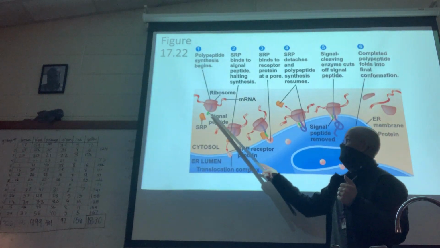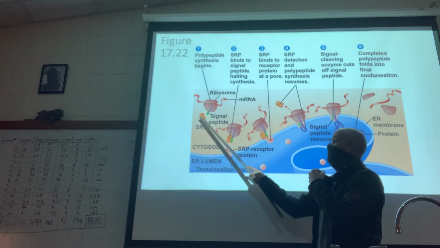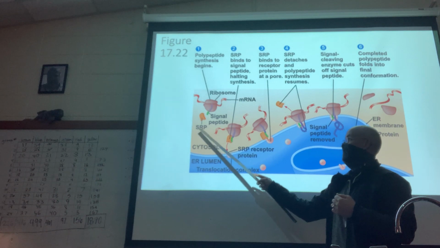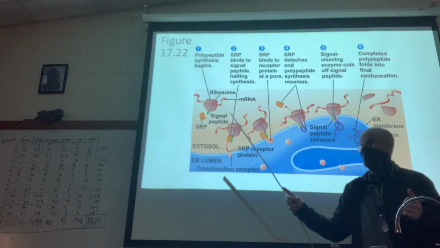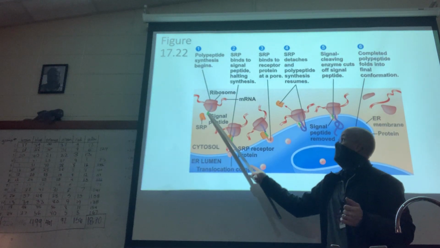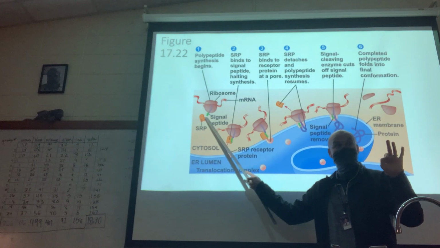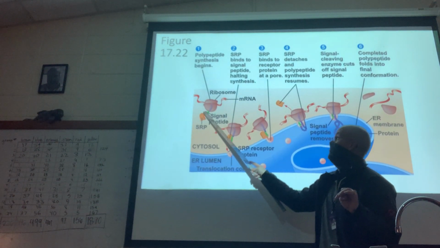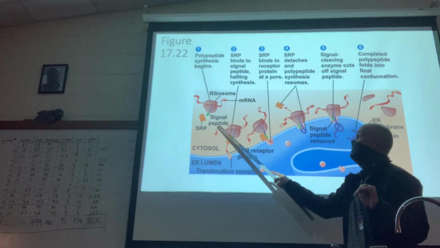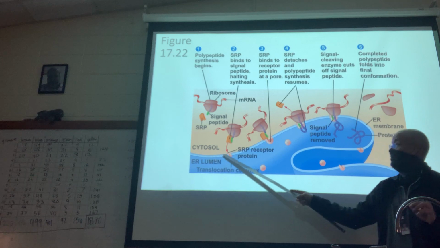That signal peptide will attract a special chemical, which here is abbreviated SRP, signal recognition particle. You don't even need to know what it stands for. But there will be a signaling site on the protein that the ribosome is building, and this SRP molecule will lock onto it and carry it to the endoplasmic reticulum.